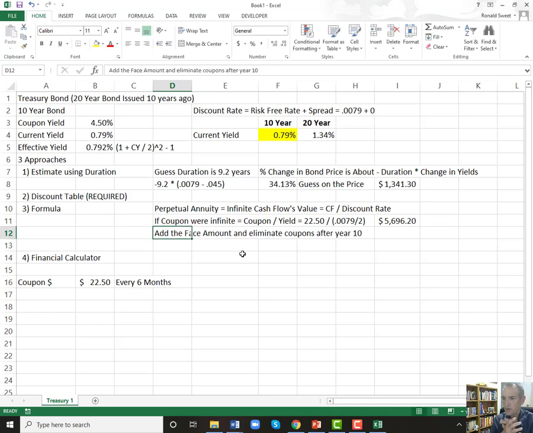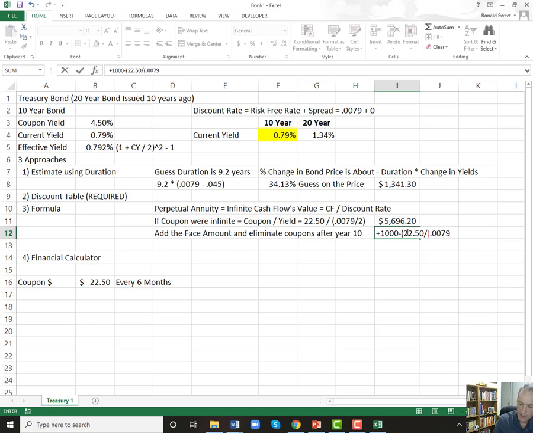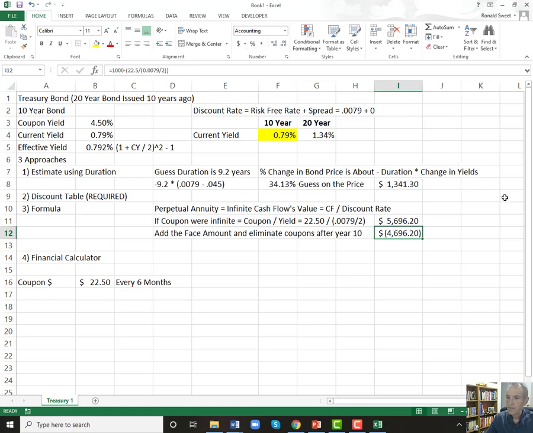We did coupons for all of eternity, but we need to add the face amount and eliminate coupons. So how do we do that? Well, it's $1,000 minus the exact same formula, $22.50 divided by 0.0079 divided by 2. We'll get a huge negative number there, but that's in future value terms.